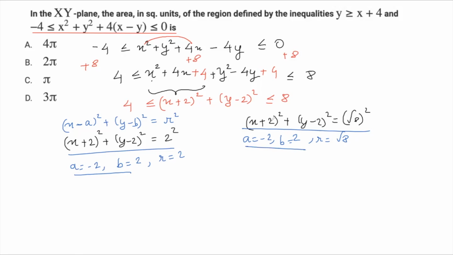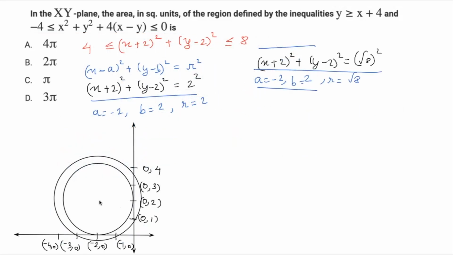So basically, I have two concentric circles. Now let's draw them together on our Cartesian coordinate axis. As you can see here, their center is (−2, 2), and radii are 2 and √8 respectively. So that's the diagram basically.